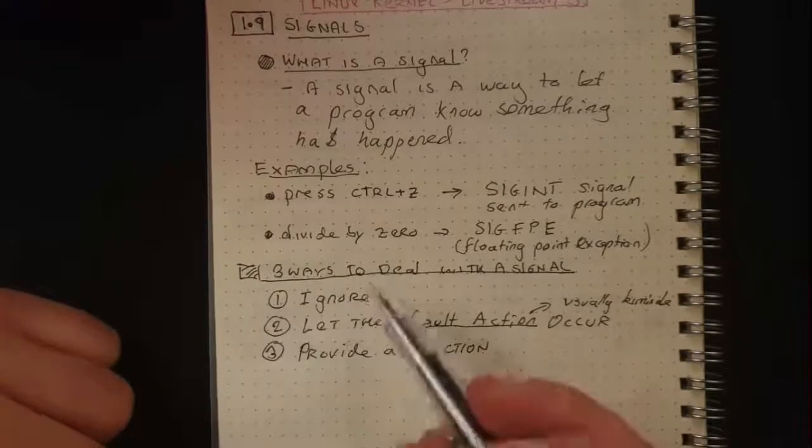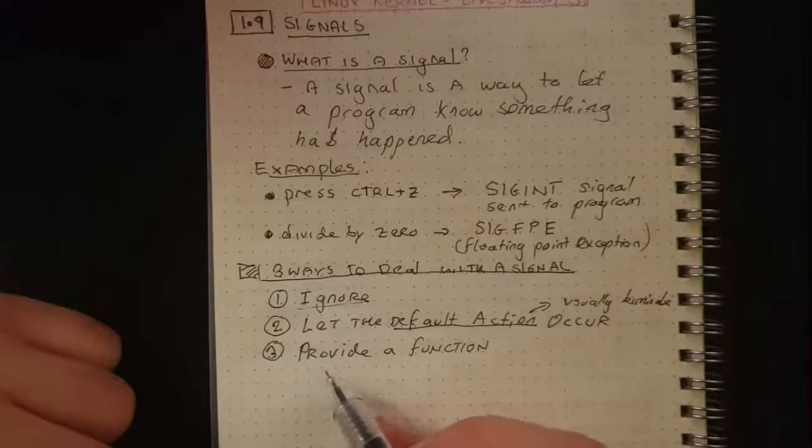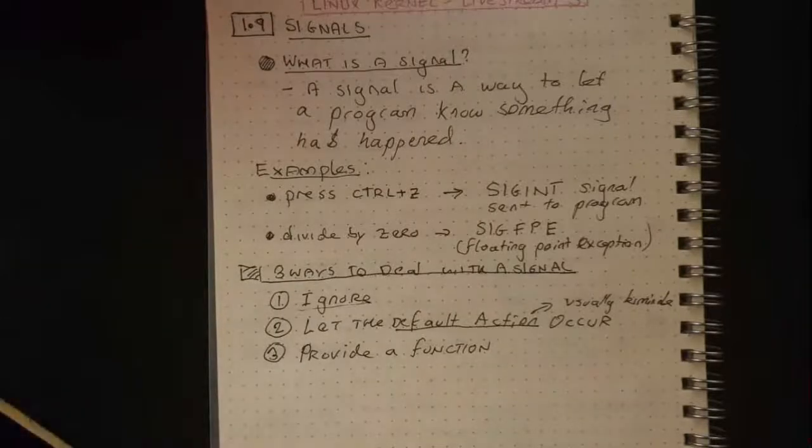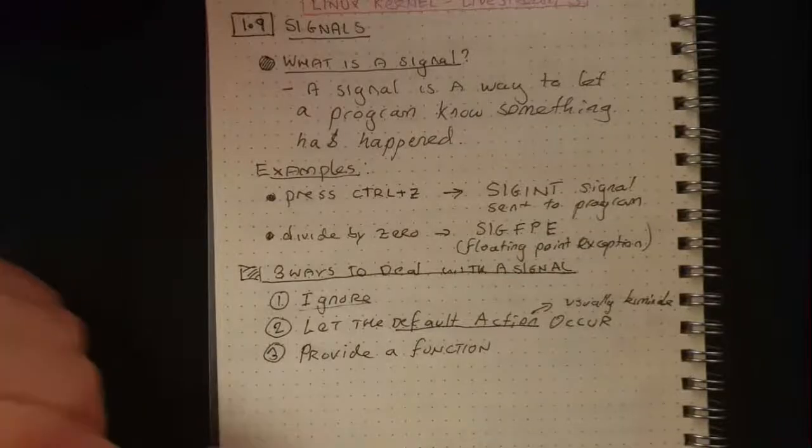Now the first case here is kind of just a special case of the third one, but it is I guess an important special case since it's quite commonly used.